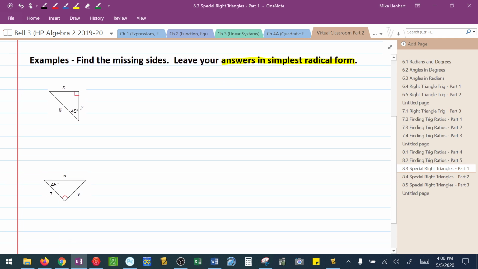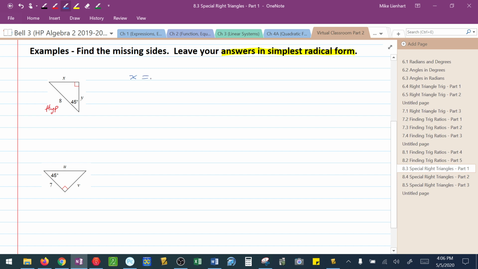We're going to jump right in. I know this is the hypotenuse. So in my head, I'm thinking, okay, X has to be a leg, Y has to be a leg. To go from hypotenuse to leg, we're going to take the hypotenuse and divide it by the square root of 2.